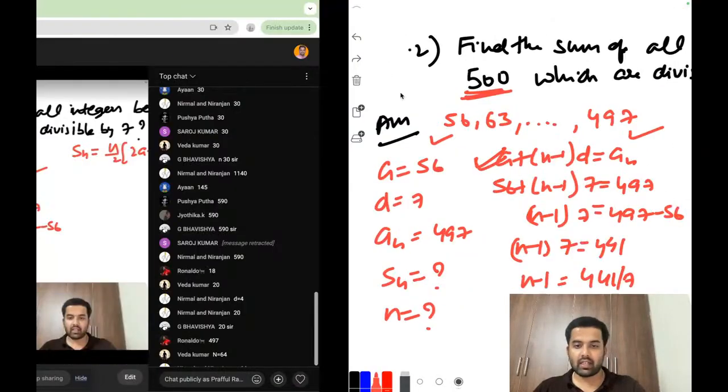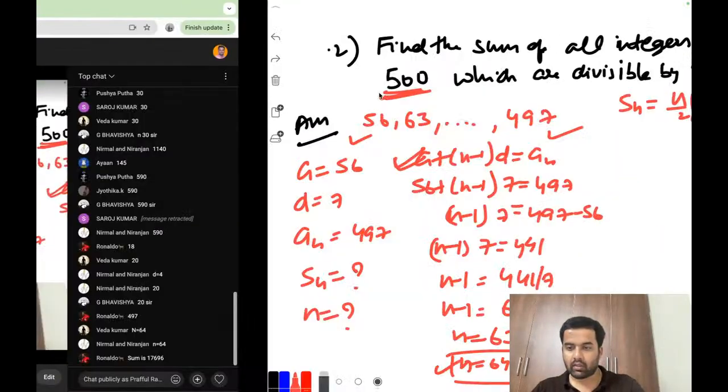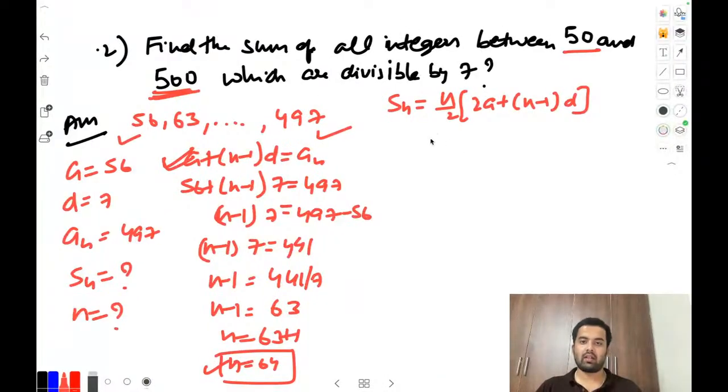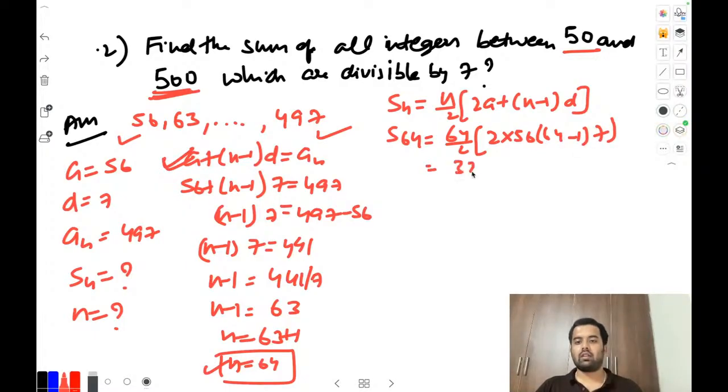Let me check if anybody got the answer also. Okay, 17696. Let me check. So n is 64, so 64 upon 2 will come, 2 into 56. Again, n value is what? 64 minus 1. D value is 7. Here 32 after division. And this will be multiplication, what? 112 plus 63 into 7.